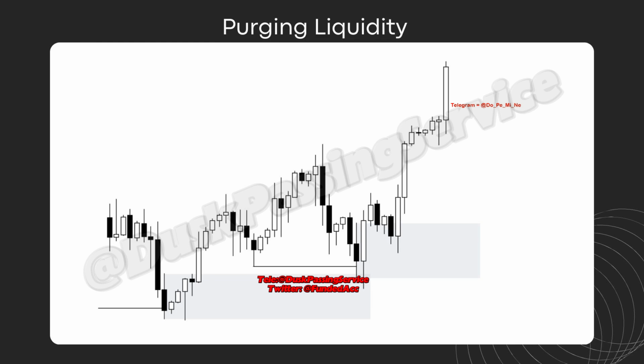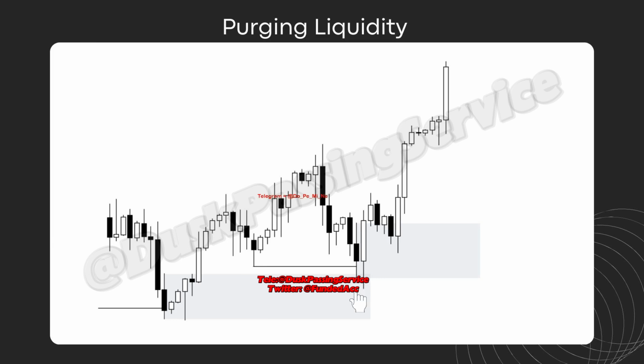Now what you can also see right here is that before we tested this bullish order block, we formed this high, which generated liquidity below this low, and then price came down below and took out this low with this particular candle. And now again, based off the definition of an order block, you can see that we've taken out this range low and purged liquidity below this low with this candle.